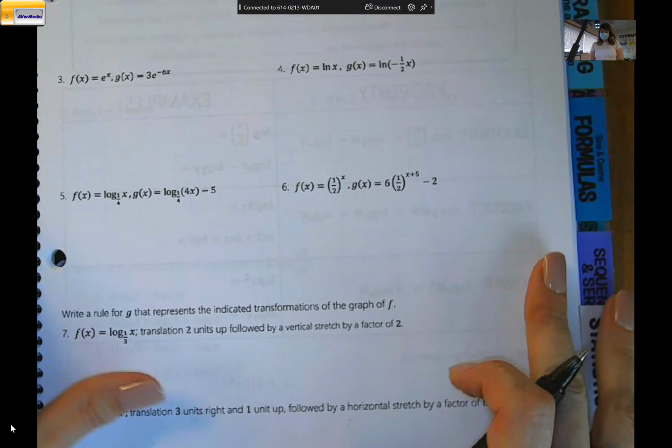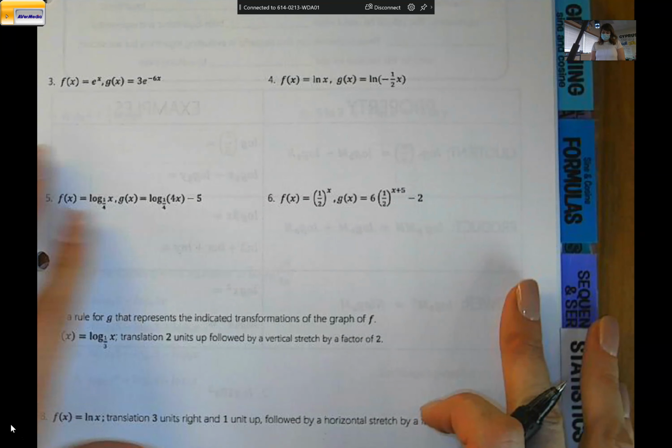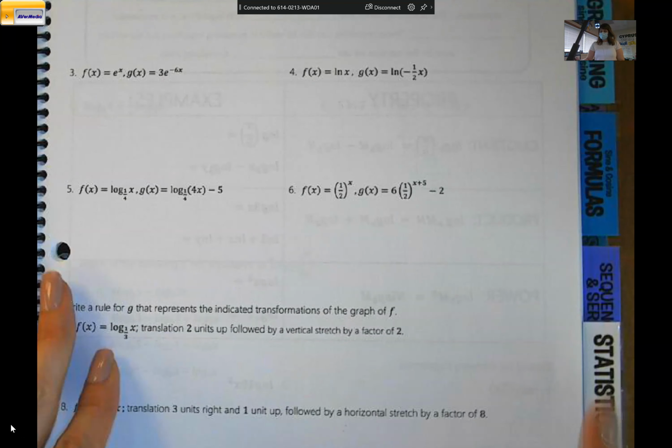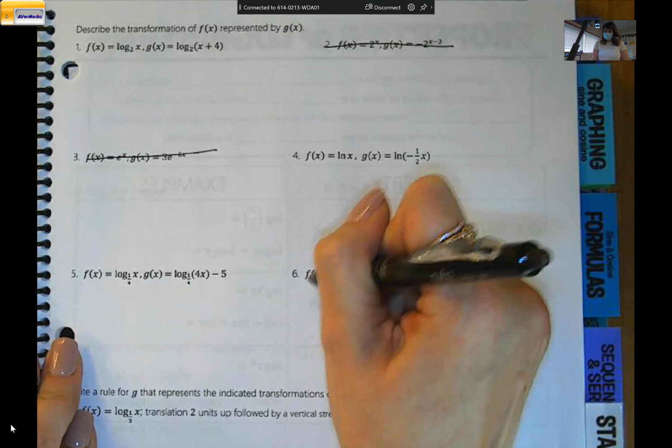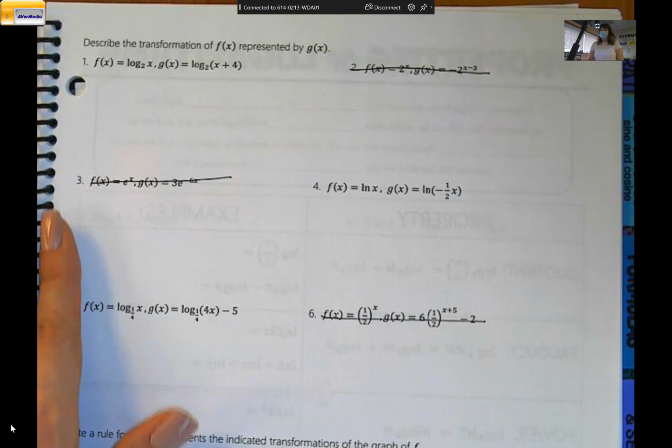So let's look at page 85. We are not doing 2, 3, and 6. We are only focusing on the logarithms.